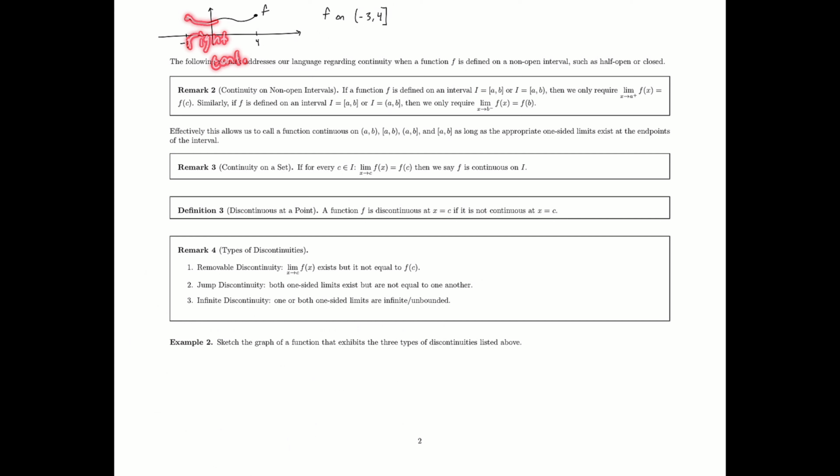So these are more relaxed conditions at the included endpoints. Definitely more of a technical point here, but it is essentially what allows us to say a function is continuous on any of these intervals, not just the one we began using to define continuity.